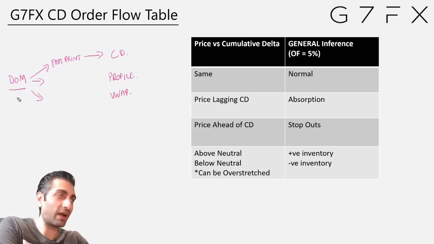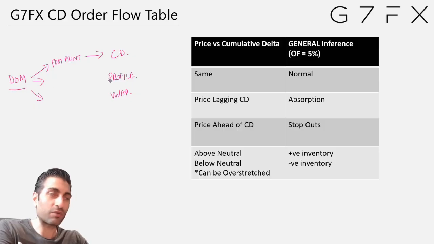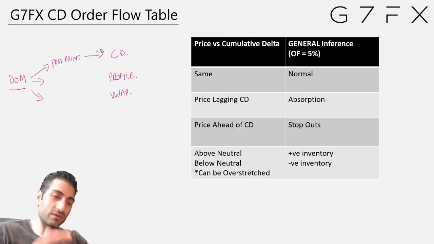So at the end of the day, you have to understand the depth of market, not to the degree that I did, because I was using it to generate income, but to the point where you know that profile is built up at the ground level using depth of market. VWAP is built up using what?